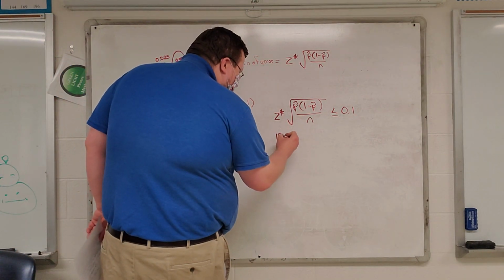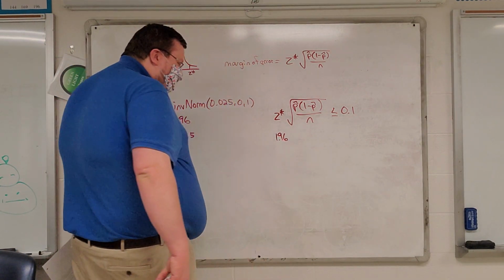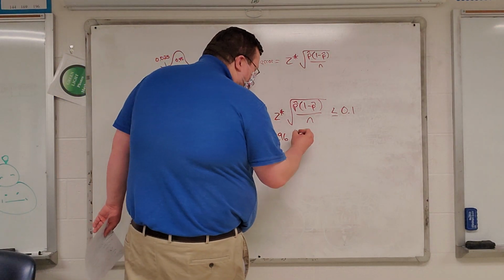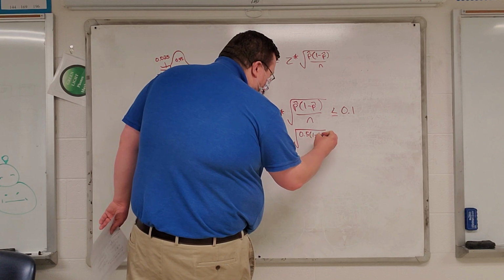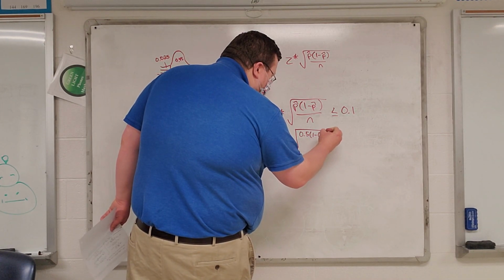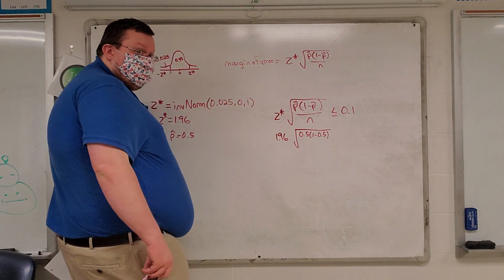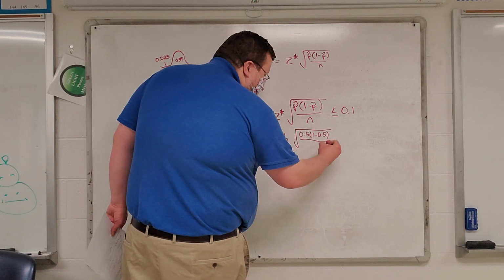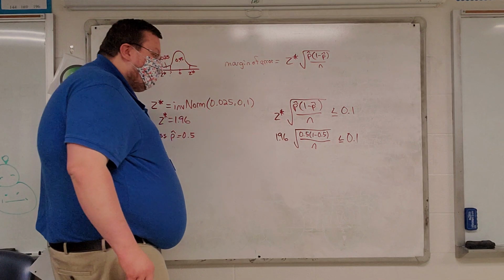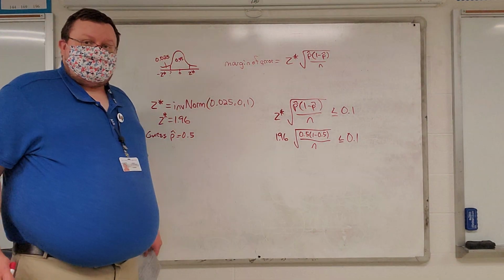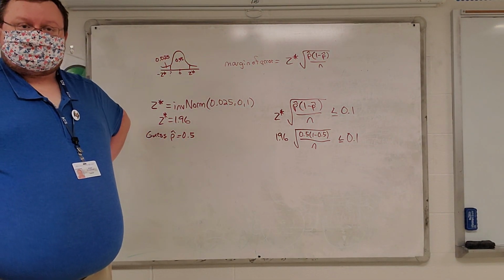So, plug in your z star 1.96, plug in your p, which will be 0.5, that's what we're using to guess. So it'll be 0.5 times 1 minus 0.5, really that'll just be 0.5 times 0.5, right? Our unknown is n, that's the sample size.